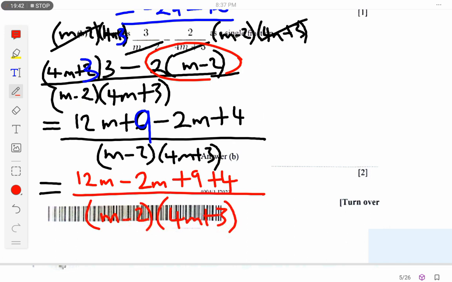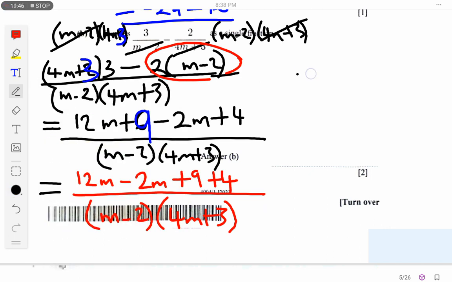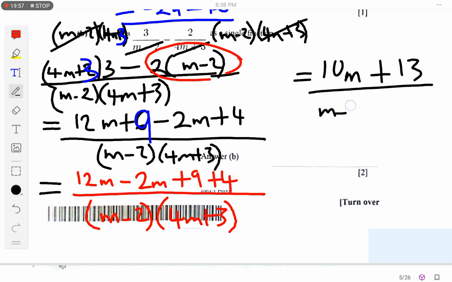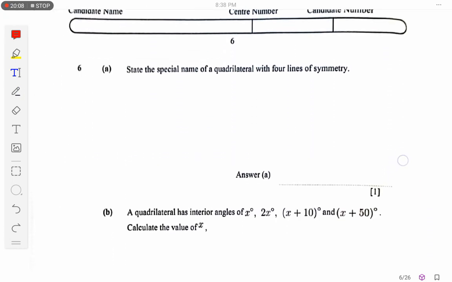Now we can simplify with these ones separated like that. So we are going to get 12m minus m, that's a 10m, plus 9 plus 4, that's a 13, over m minus 2, and then 4m plus 3, like that. So this is our single fraction. Okay, let's move on. This was just 2 marks.